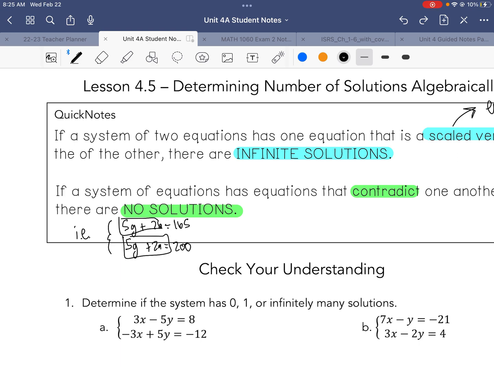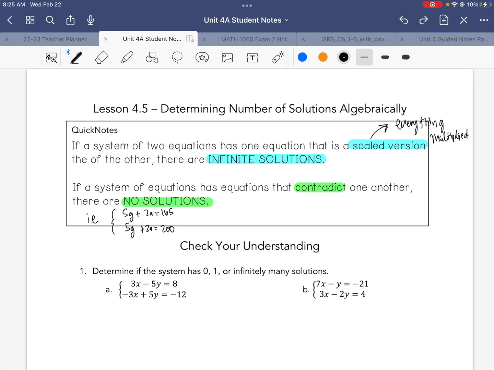This and this match, but these don't. There's no way for the exact same thing to equal both 165 and 200. That's what I mean by contradiction. Or when you have two equations and one says x equals 10 and the second says x equals 20. Well, it can't be both. That's a contradiction, and it would mean that there are no solutions.